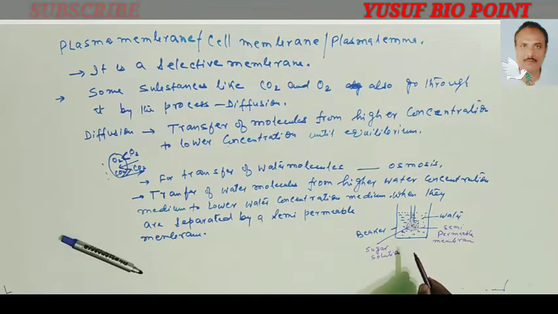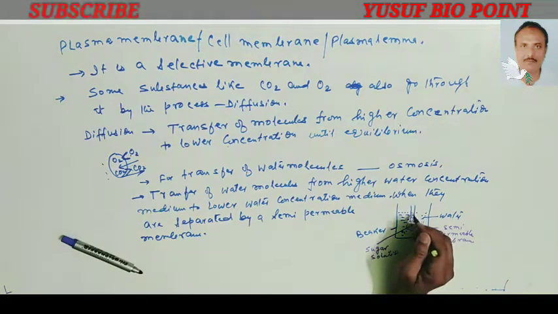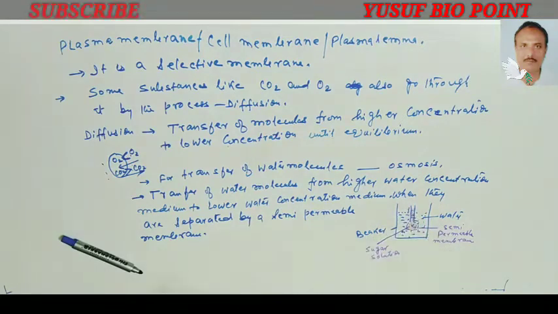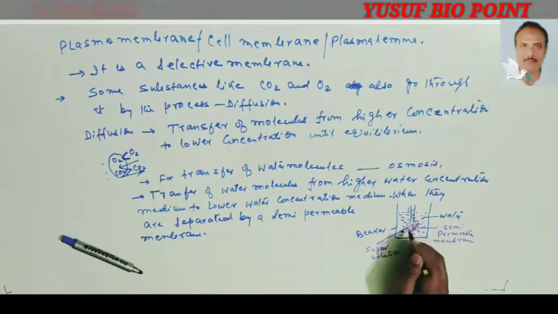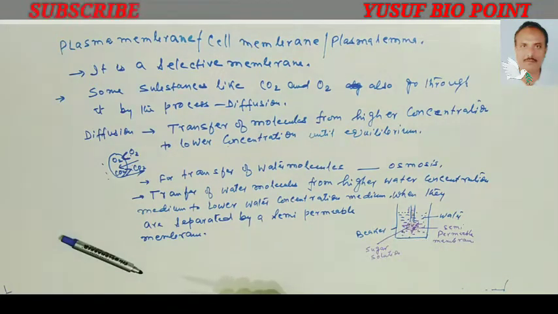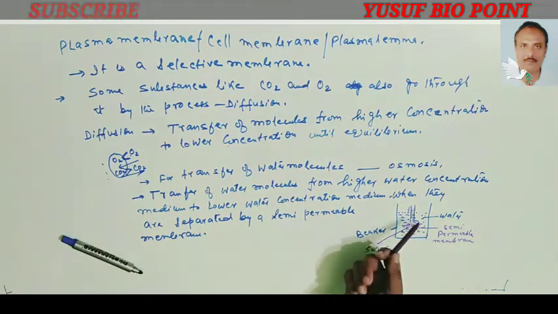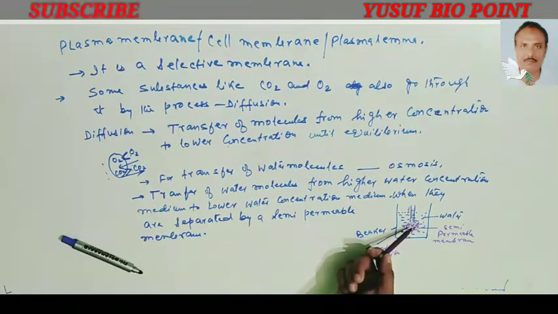Keep this apparatus for some time, then you will see that the level of water has increased in the tube. That means water has entered, means the concentration of water is greater outside and low inside.